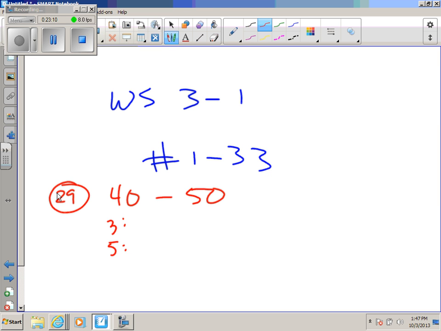Give me the numbers from 40 to 50 that are divisible by 3. Well, you know 39. How about 42, 45, 48? Those all come between 40 and 50. What's divisible by 5? 45. So you're just going to list 45. That's the only one that's shared by both.